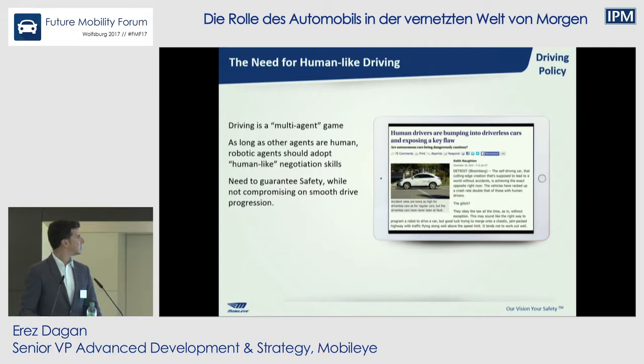And Mobileye has been working on a machine learning-based approach to study the strategy and the negotiation skills of a human driver. The complexity, of course, is that your action affects the environment. That's a closed-loop thing. So the machine learning framework for that is slightly different than a perception machine learning framework, as I mentioned.